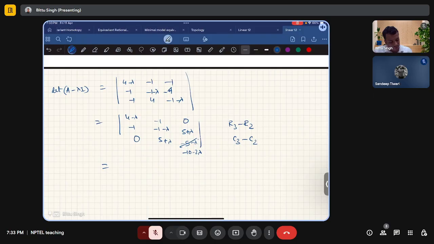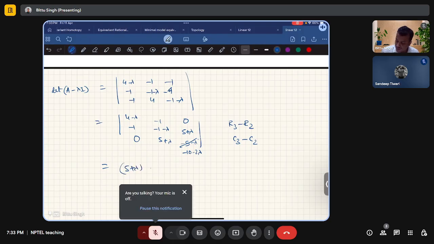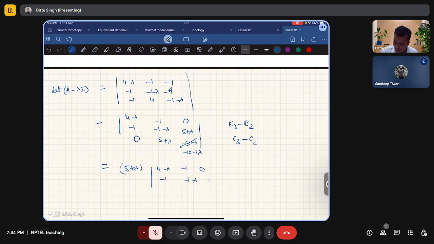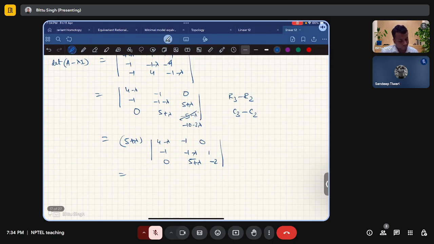So now it is easier, but again we can take 5 plus lambda common from the third column. So this is 5 plus lambda times the determinant 4 minus lambda, minus 1, 0; minus 1, minus 1 minus lambda, 1; 0, 5 plus lambda, 0 minus 2. But again we can apply those operations so that the 1 gets cancelled, right?